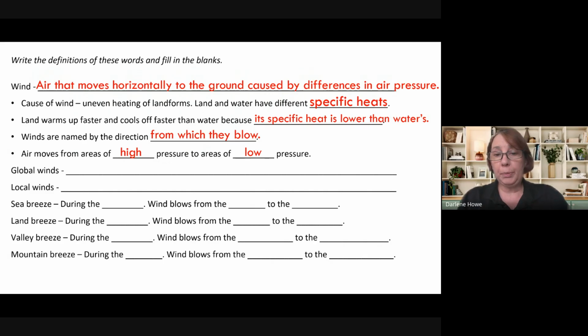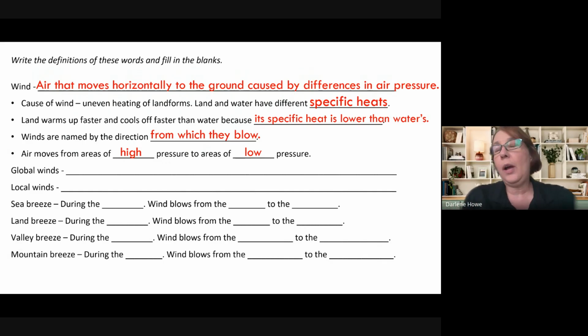Low pressure is warm weather because it's expanding. It's moving away from itself. The particles are moving away from themselves. It's a lower density air. So you'll always get the cooler winds, cooler breezes coming in to replace that air that's moving up in the atmosphere, the low pressure air. So always from high pressure to low pressure.